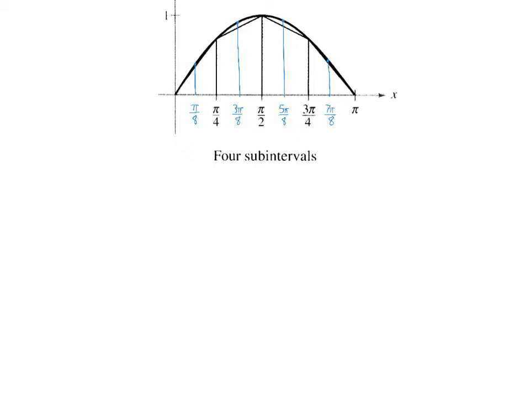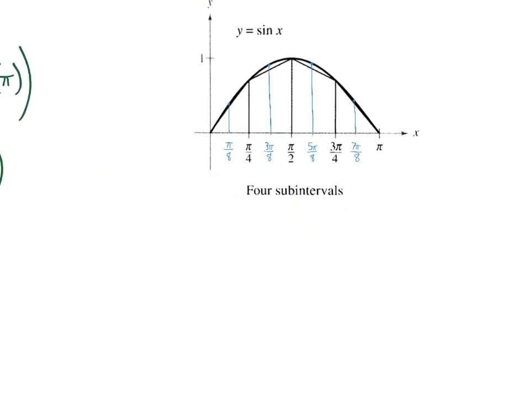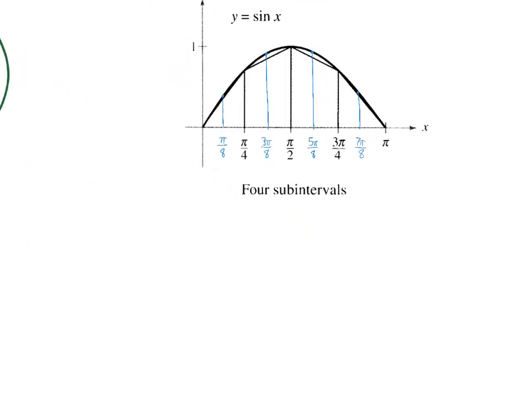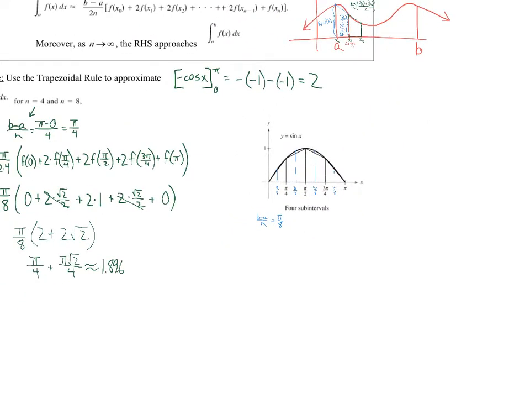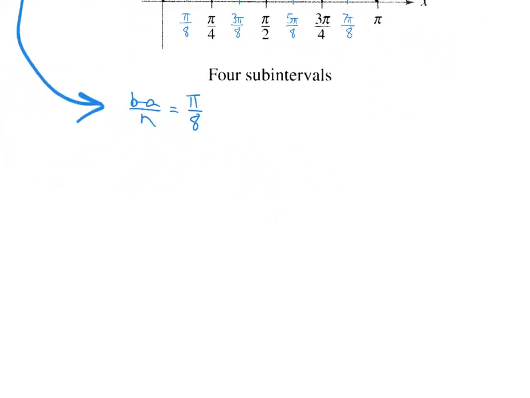So in this case, with n equals 8, the b minus a over n is going to be pi over 8, like we just saw. Okay? Again, we're doing n equals 8 over here. So the area would be approximately pi over 2 times 8, so pi over 16.